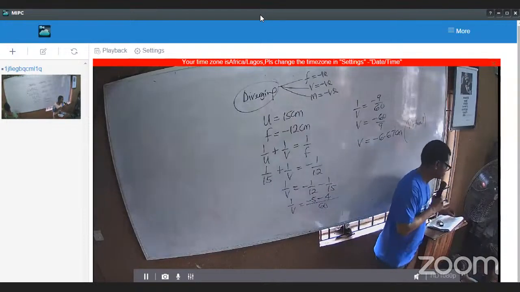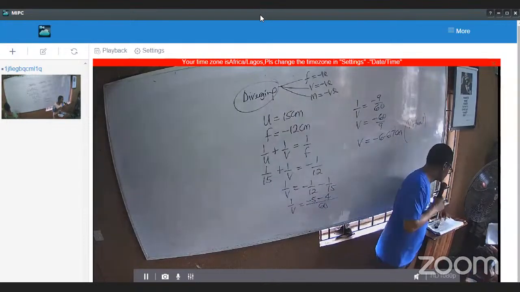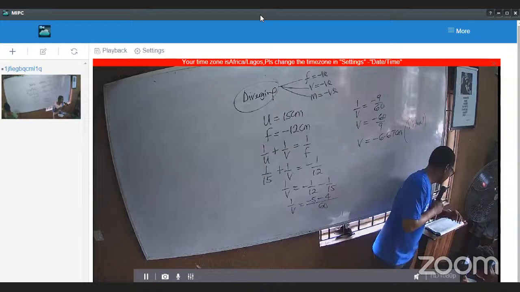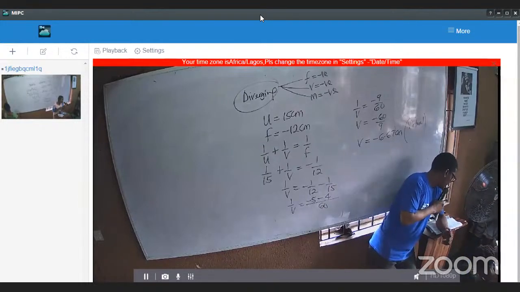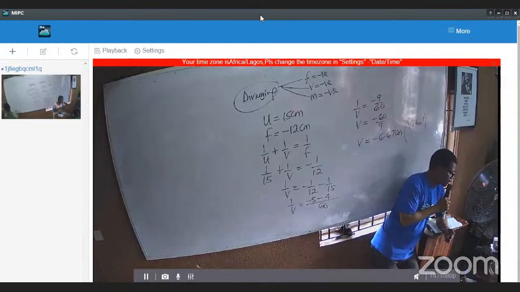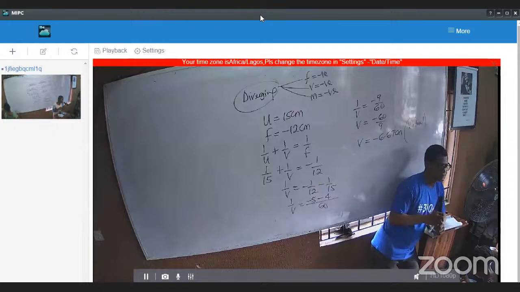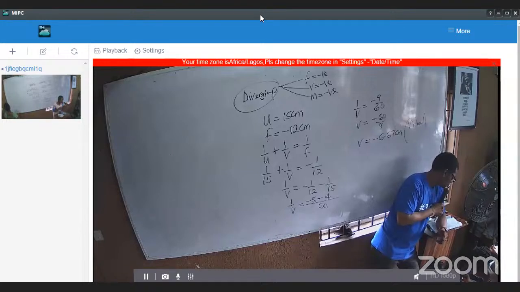Next question. A swimming pool is 2.1 meters deep.